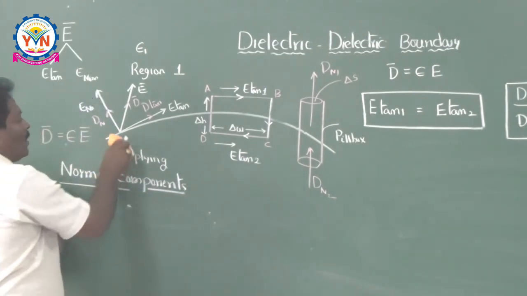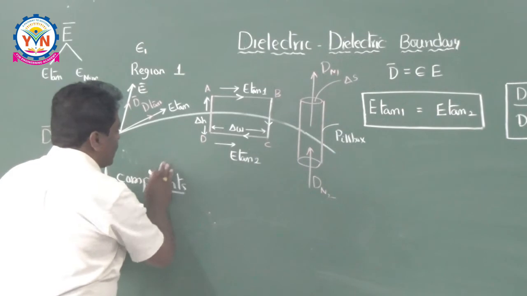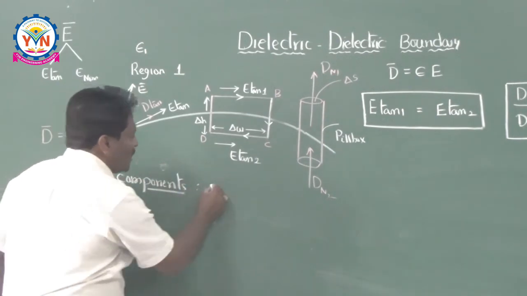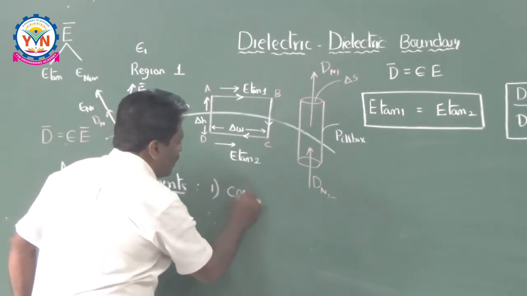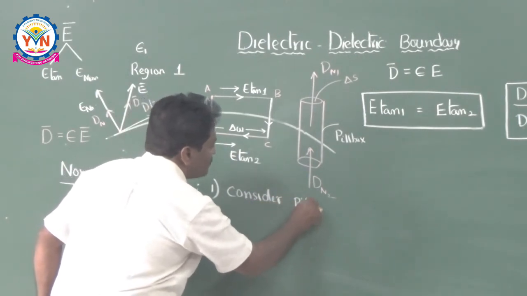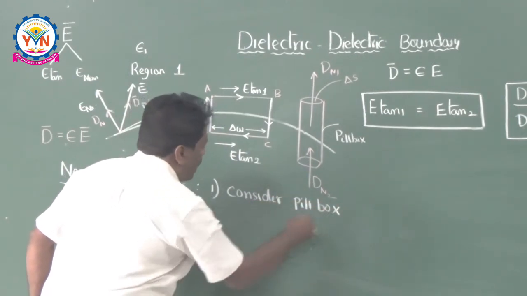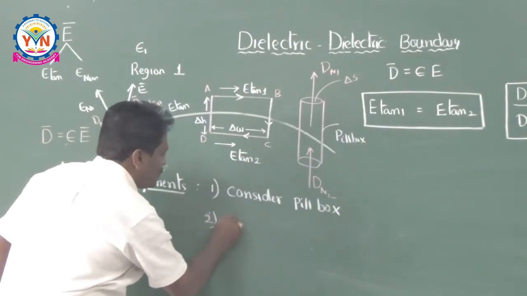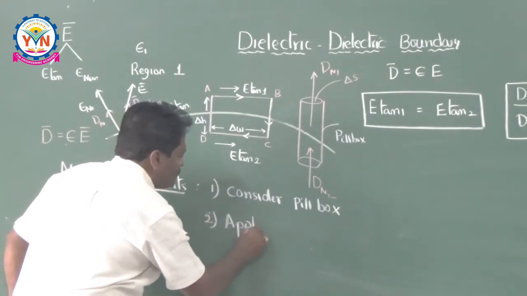For this normal components calculation, the first step is to consider the pill box. The second step is to apply Gauss law.